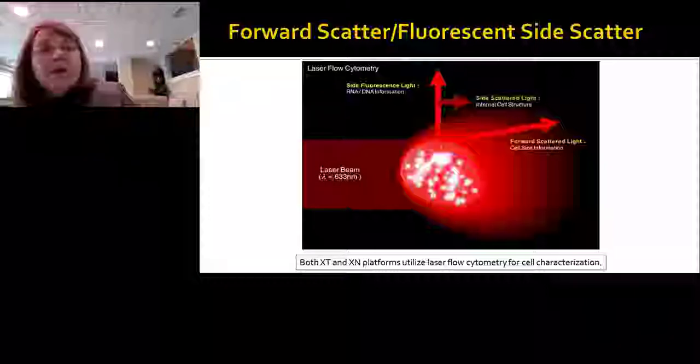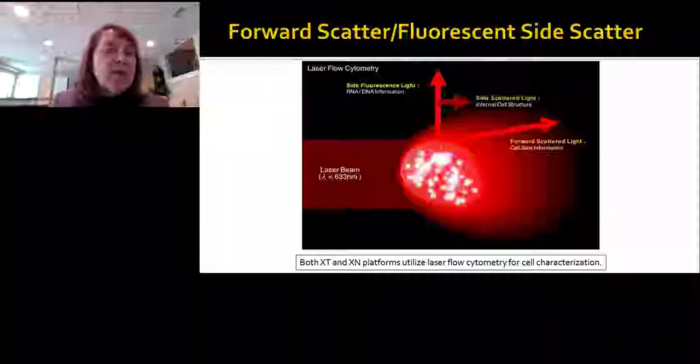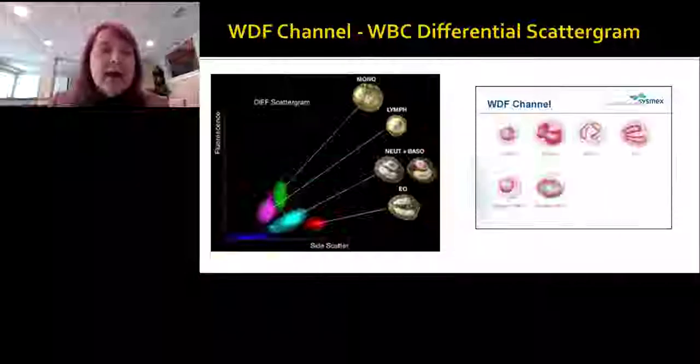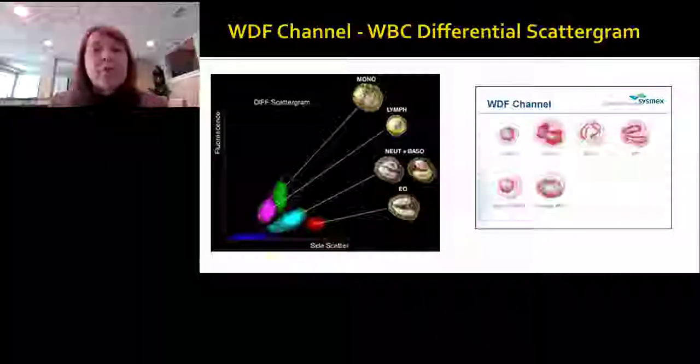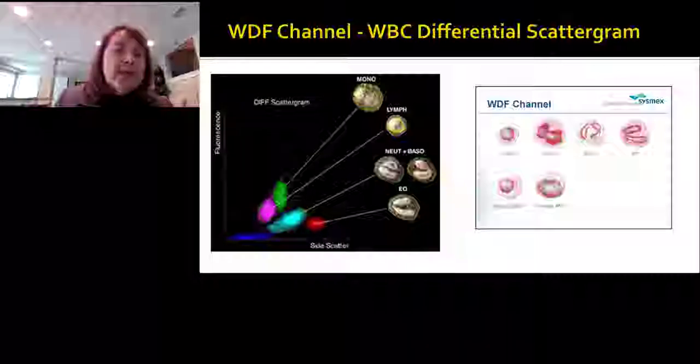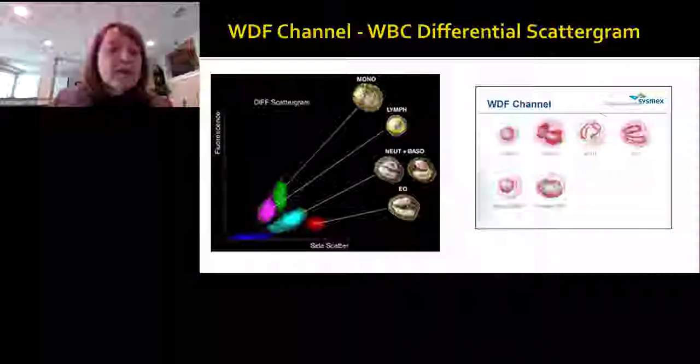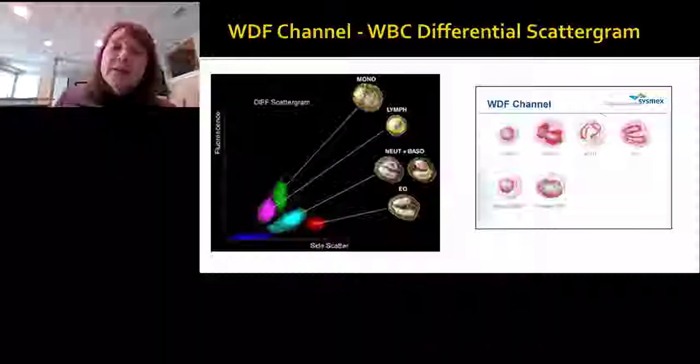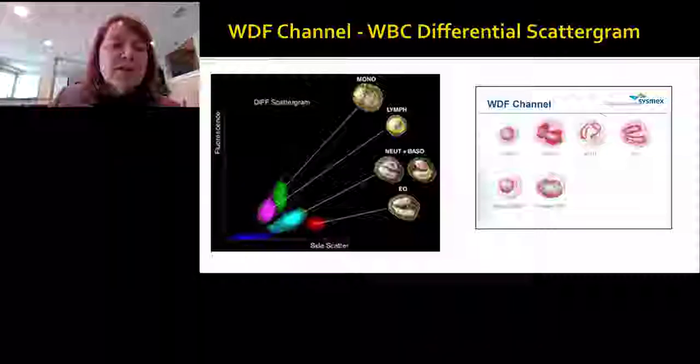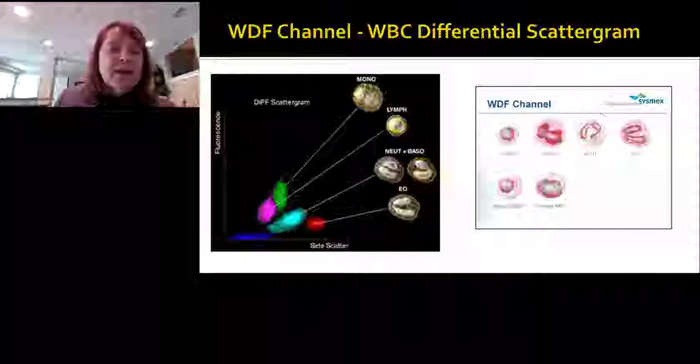One of the first channels we'll look at is called the WDF channel, and this is the channel used for the predominant WBC differential. The scattergram on the left shows the populations that can normally be discerned when running a hematology sample through this analyzer.